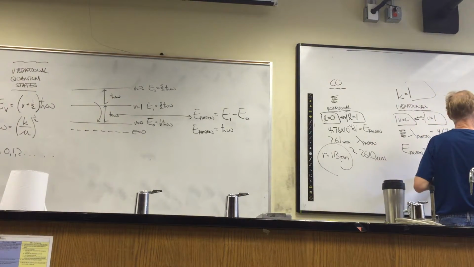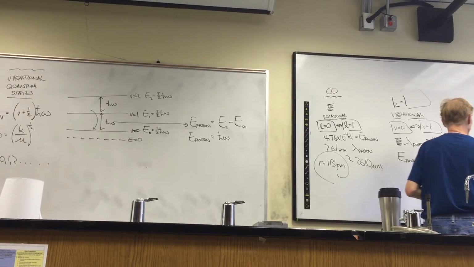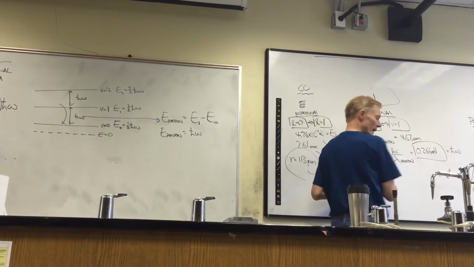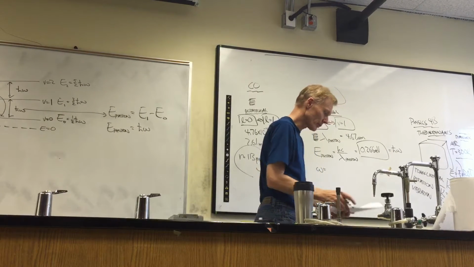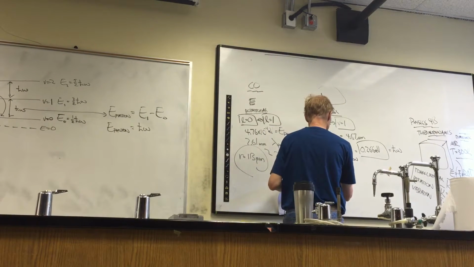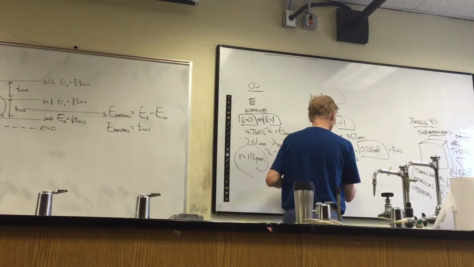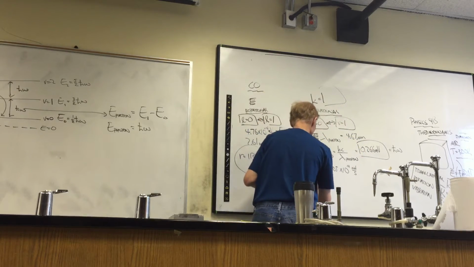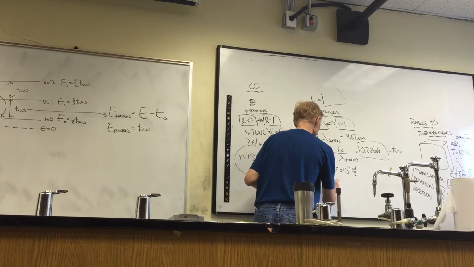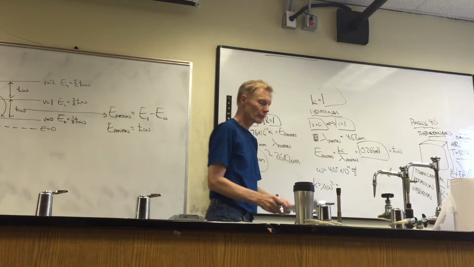The energy of the photon is equal to h bar omega, and that will give me an omega value. The omega value I got here was 4.05 times 10 to the 14th radians per second. And then K should come as mu omega squared.